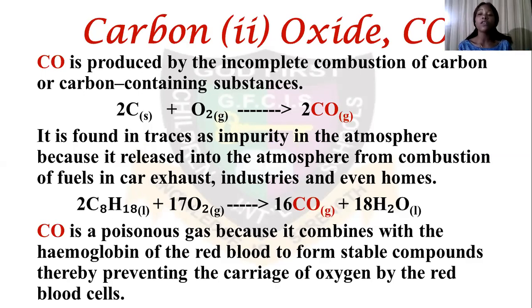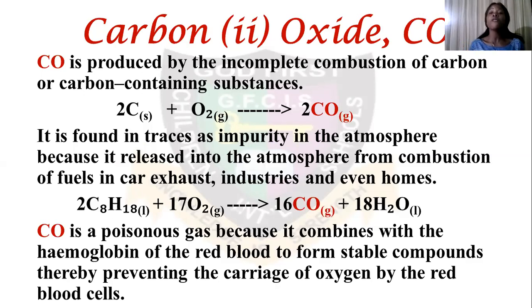I'm sure you've heard of the story where a family of 4 were killed because they put their generator set into their sitting room while they slept. By the time it was morning, they were all found dead. That's because instead of oxygen, they were breathing in carbon monoxide, and so oxygen could not be transported all over the body.